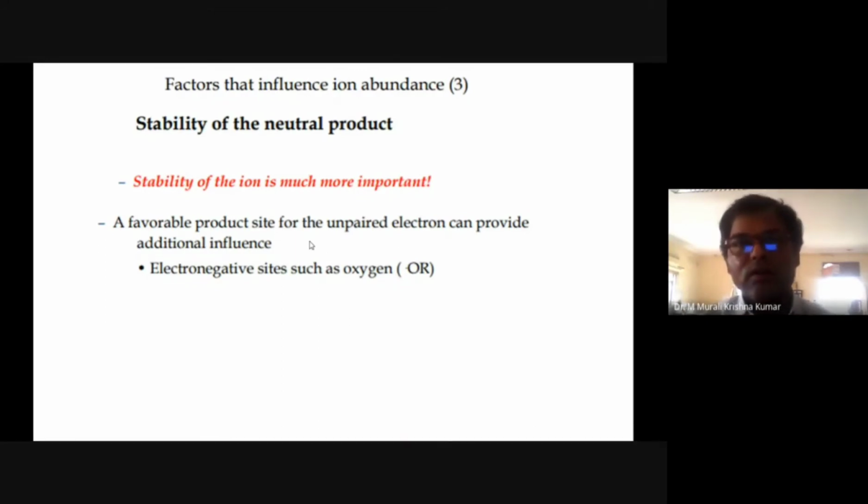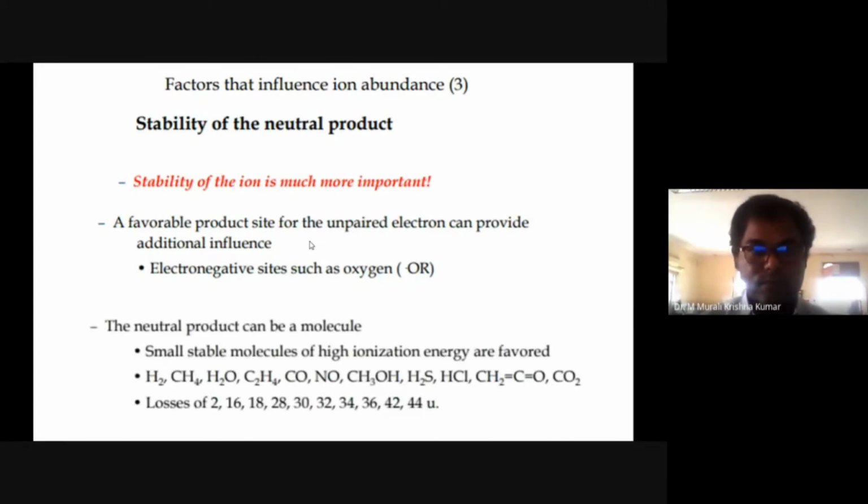In that way, it helps in the formation of even the neutral radical easily. Okay, I hope you are following me clearly.